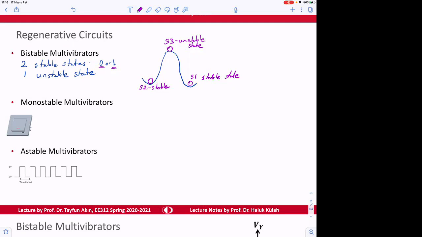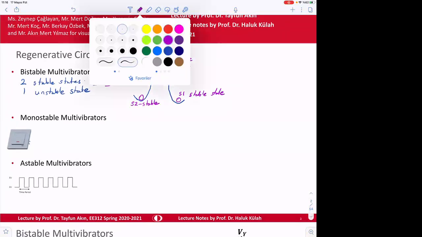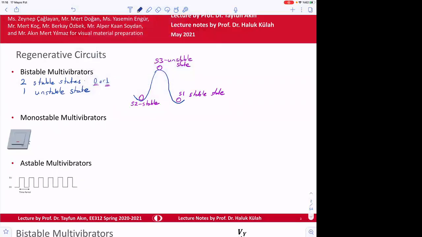So monostable multivibrator means there's only one stable state. Okay, and there are some real life applications of these things. So let's say the state is staying at 0. There is no alarm, but there's a disturbance in the system.